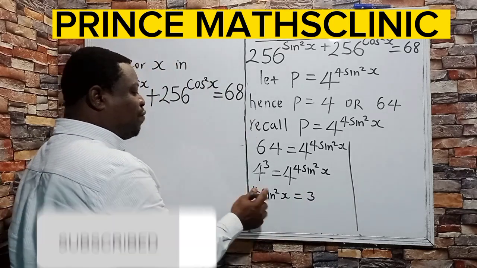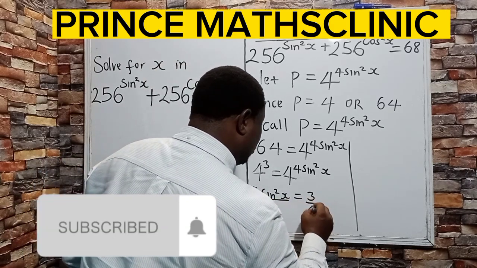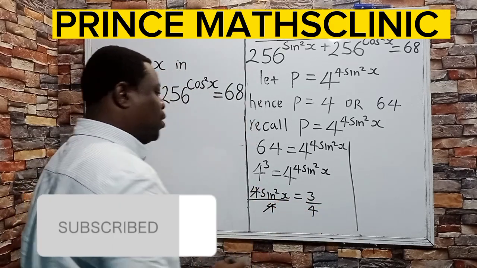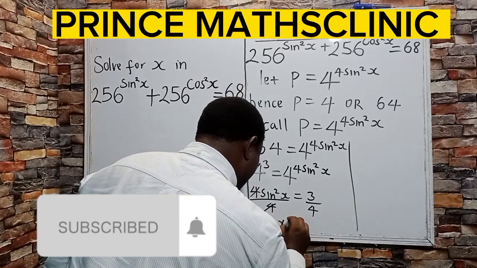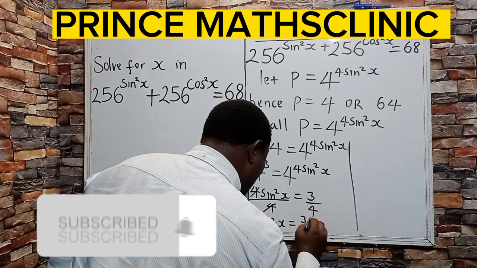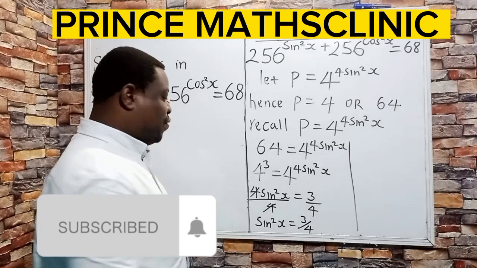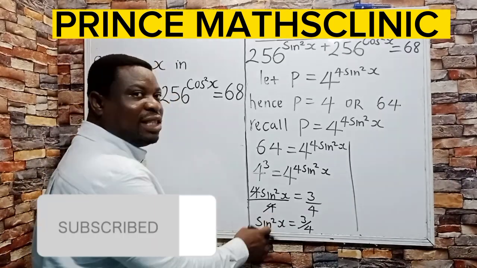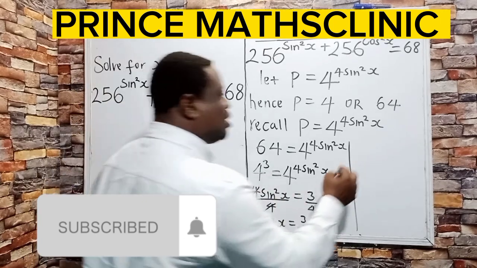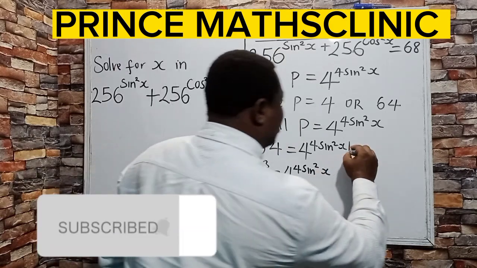So to take out this 4, I will divide both sides by 4. So 4 cancels 4. Therefore I have my sine square x to be 3 over 4. So for me to have my sine x, this is as good as saying sine x times sine x. So therefore I have to take the square root of both sides.